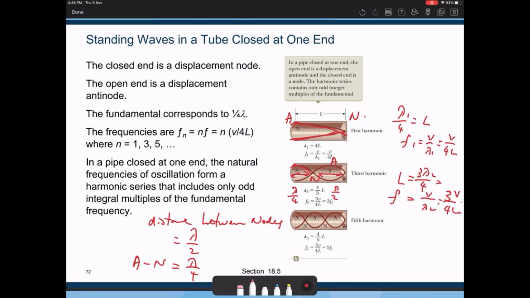So now you see that there is nothing in between, but the frequency is actually 3 times F1.